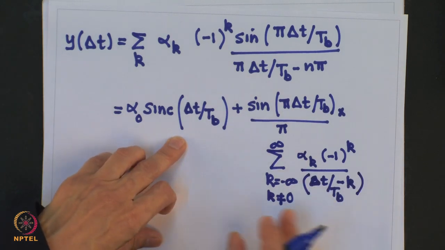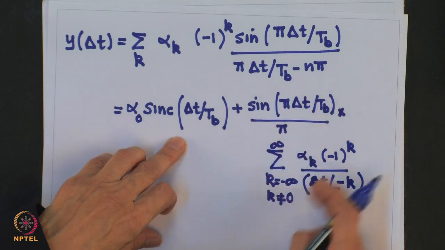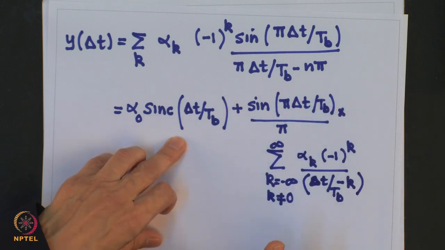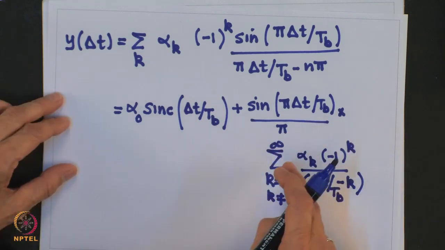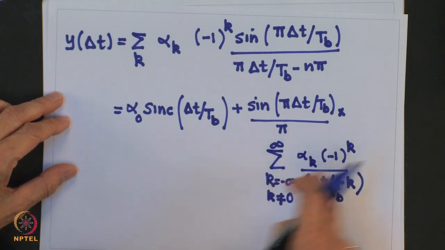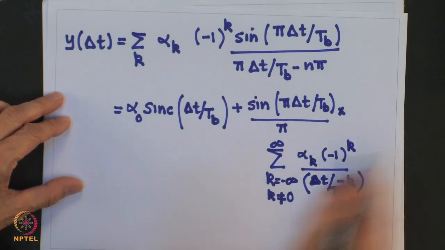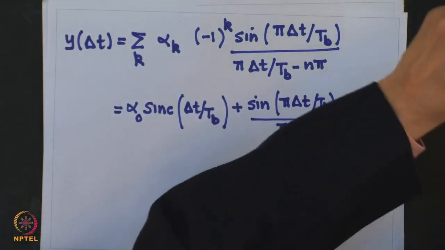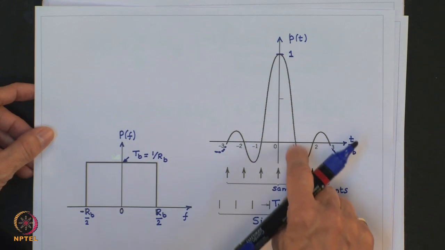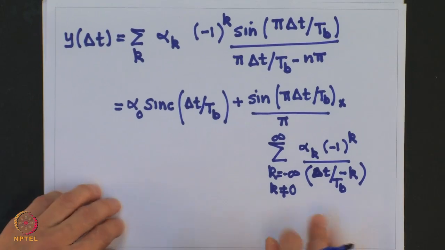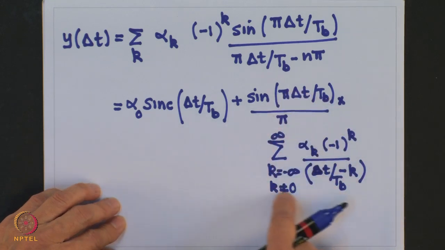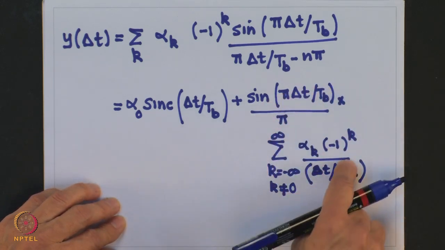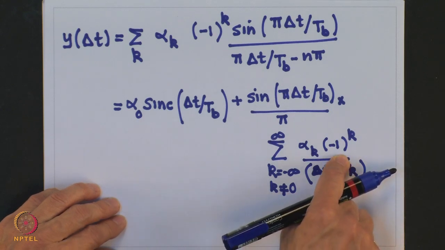Now, this last term here is not absolutely summable. The pulse decays only as 1 by t, and if you have this mistiming of the sampling, then this is the cumulative interference at any pulse center from all the remaining pulses, and this does not converge.